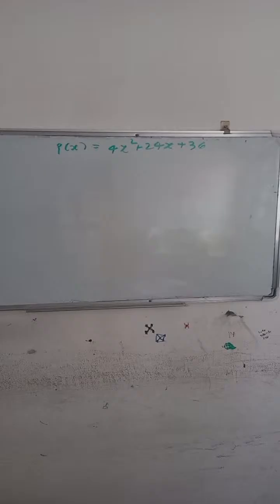So I'll repeat: find the zeros of p of x is equal to 4x square plus 24x plus 36, a quadratic polynomial, and verify the relationship between the zeros and their coefficients. Okay, so you can solve this question.